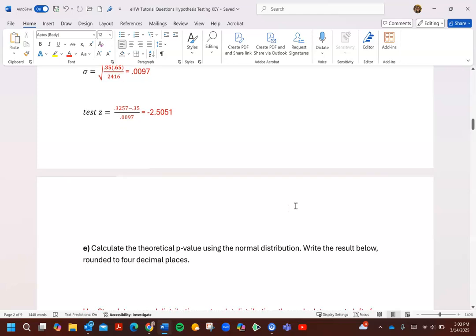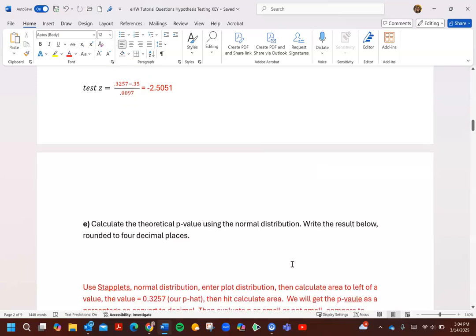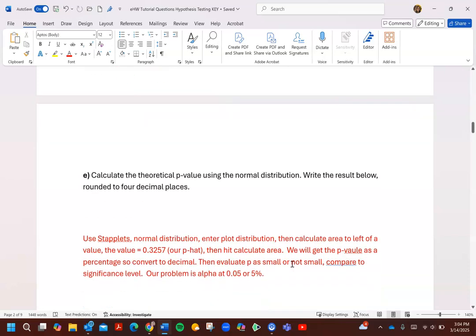And then once we get that information, that was just to answer one of the questions. Like I said, you could just move on and do it all in Staplet and not do it by hand, and then go back and answer that question in my Open Math. But we do need all this information up here, or some of it anyway, to answer the p-value for part E. So we're going to use Staplet's normal distribution.